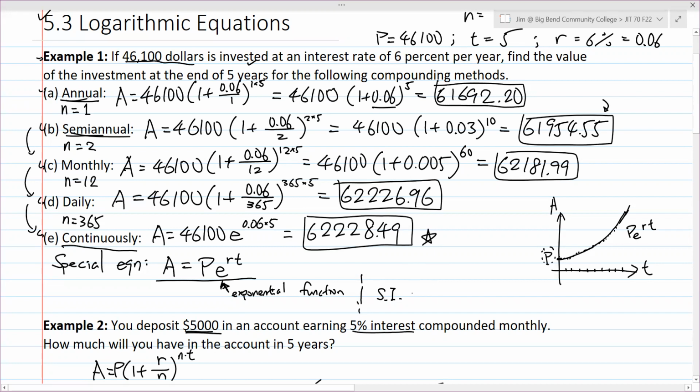If we apply the simple interest method, so PRT, for the first example, it gives you 46,100 times the interest, which is 0.06, times the year number, which is 5, number of years. So what do you have? You have 13,830.